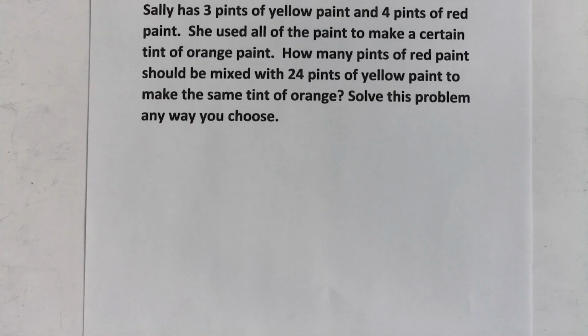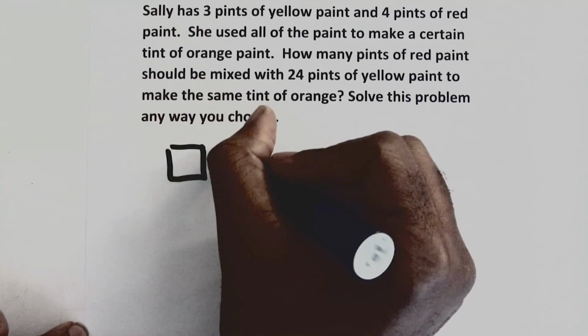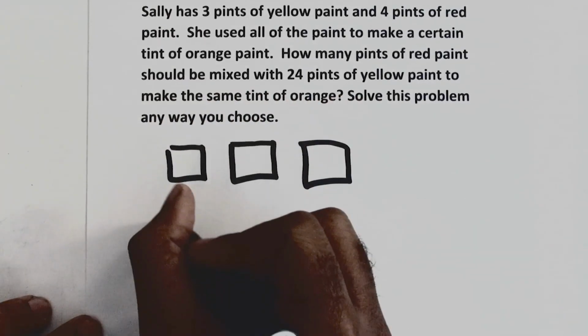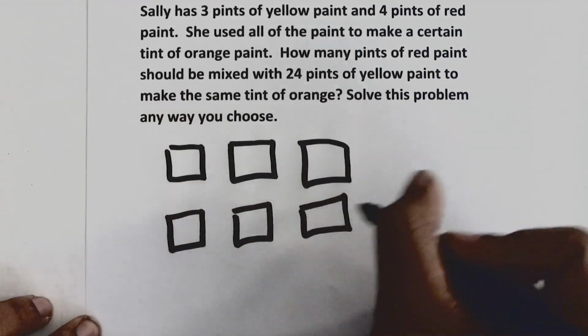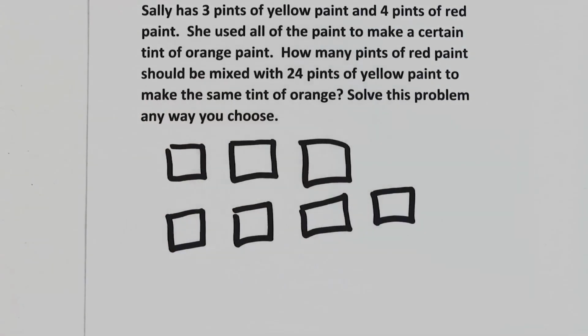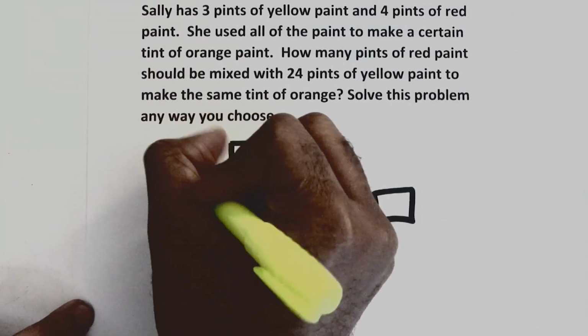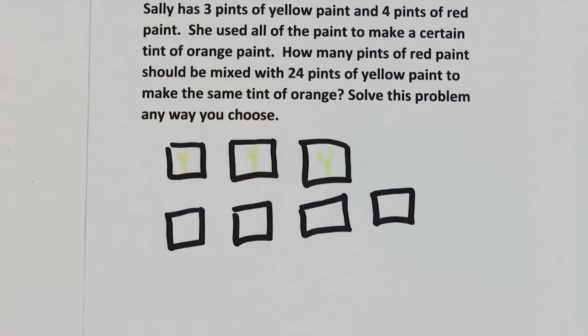So I'm going to draw our paint cans. Our top pints will represent 1 pint of yellow. Our bottom ones will represent 1 pint of red.